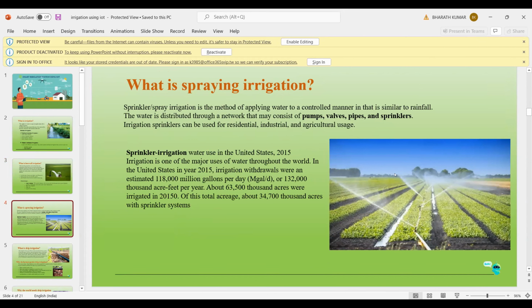It looks like rainfall. Sprinkler water was used in the United States in 2015. Irrigation is one of the first major uses of water in the world. In the United States in 2015, irrigation withdrawals were an estimated 118,000 million gallons per day.